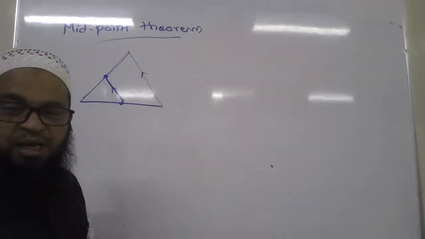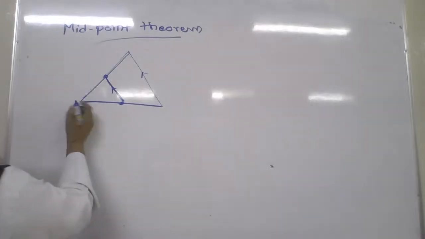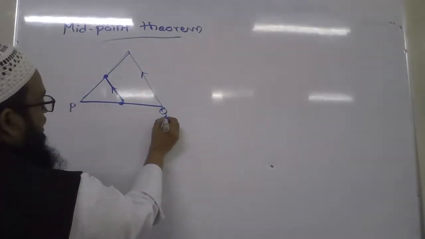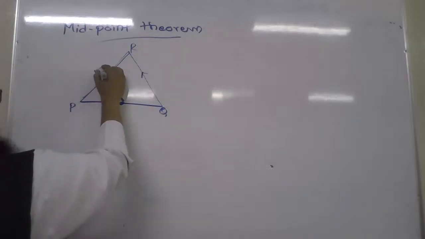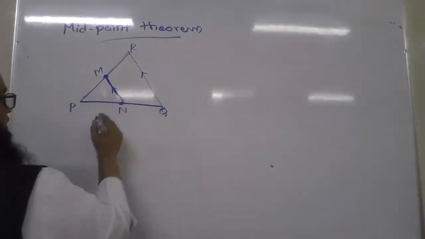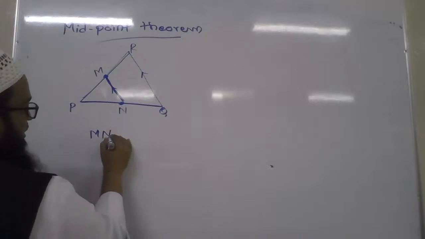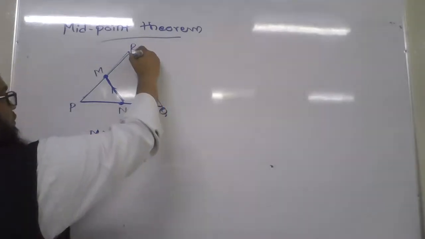They will always be parallel. And not only parallel, suppose for example, let me take this is P and Q and R, and the midpoints are M and N. So the line joining the midpoints MN is parallel to, what is this?